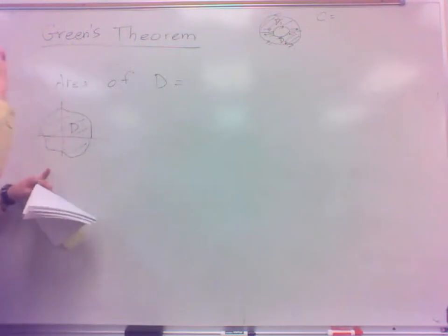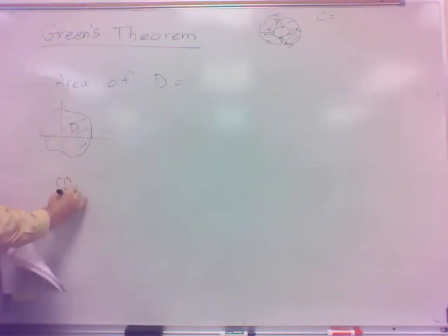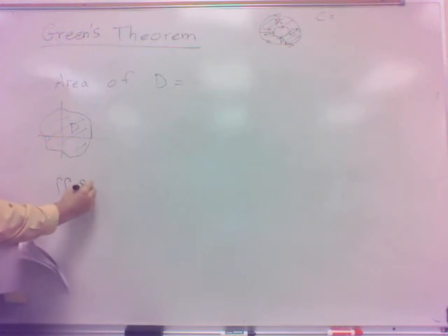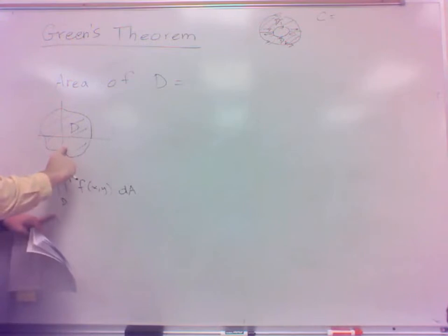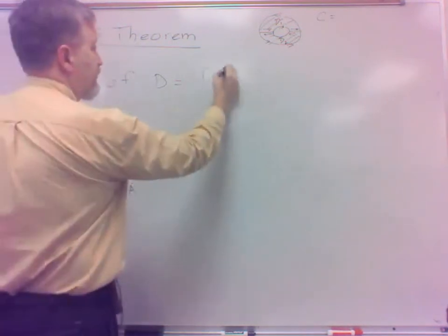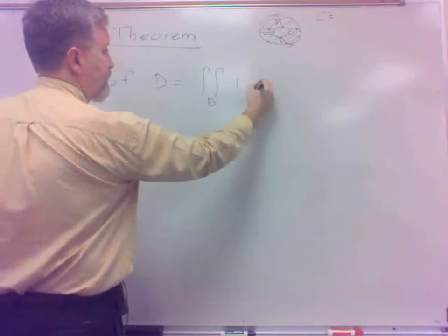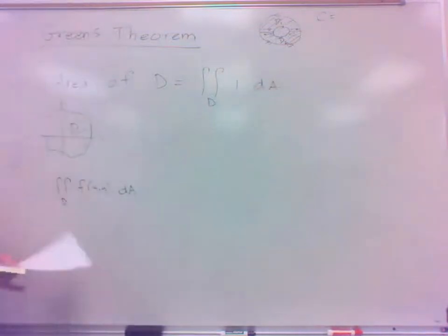That's computing a double integral over some function, and then we do that over area D. Well, if I just want to find the area of this guy, how do I do that? You just do 1 dA, right?